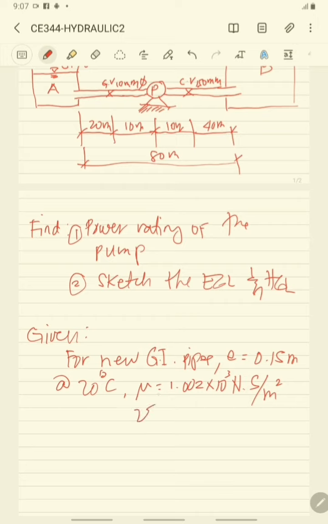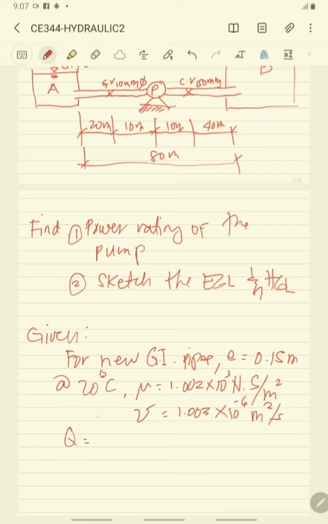And the kinematic viscosity is 1.003 times 10 to the negative 6 meter squared per second.